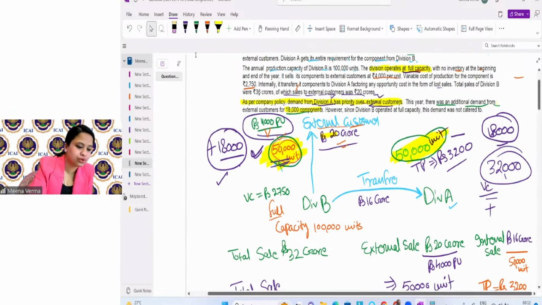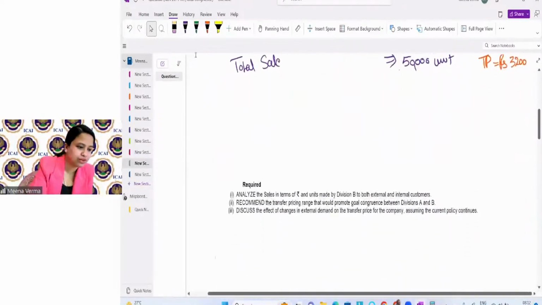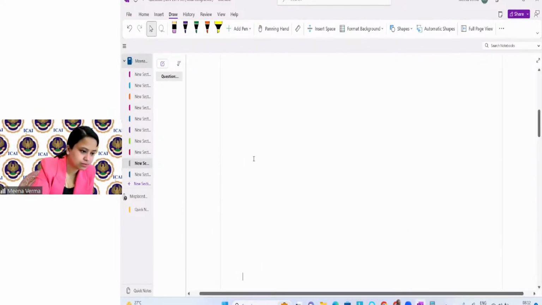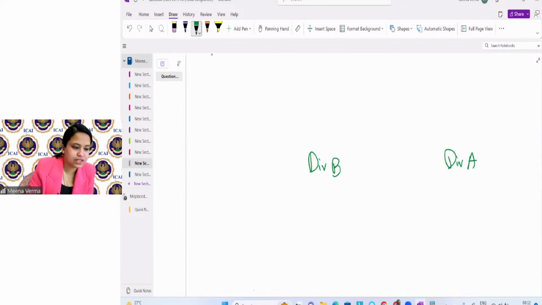I'm just trying to explain again. You have division B and division A, these two divisions. Their capacity is to produce 1 lakh units, and they are capable of selling 50,000 units in the outside market.